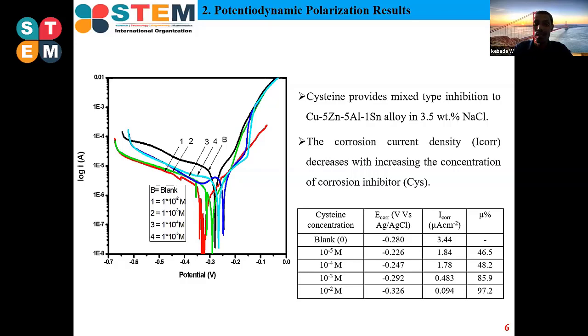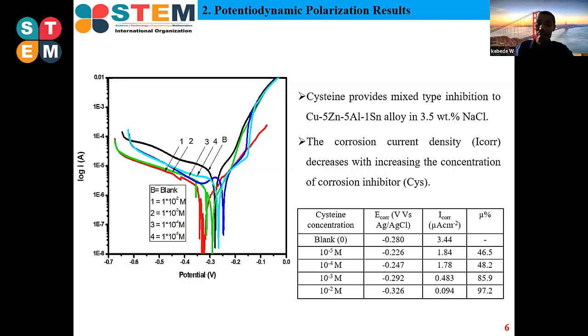This is the potentiodynamic polarization result. We can describe this graph based on the current. Increasing the current shows the material is damaged in continuous contact with the corrosive environment.